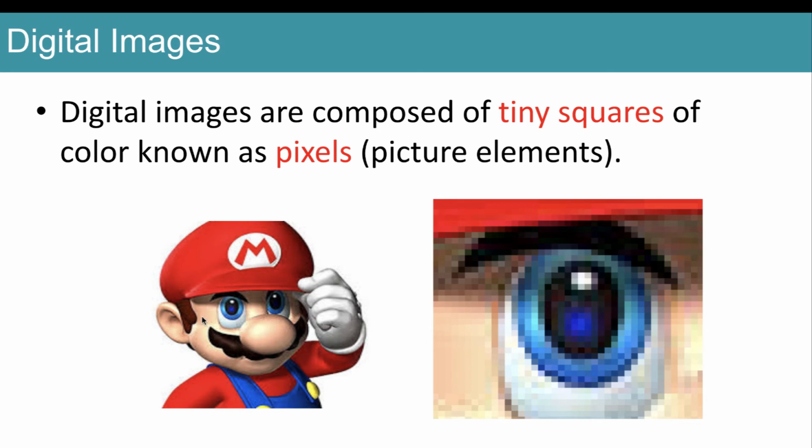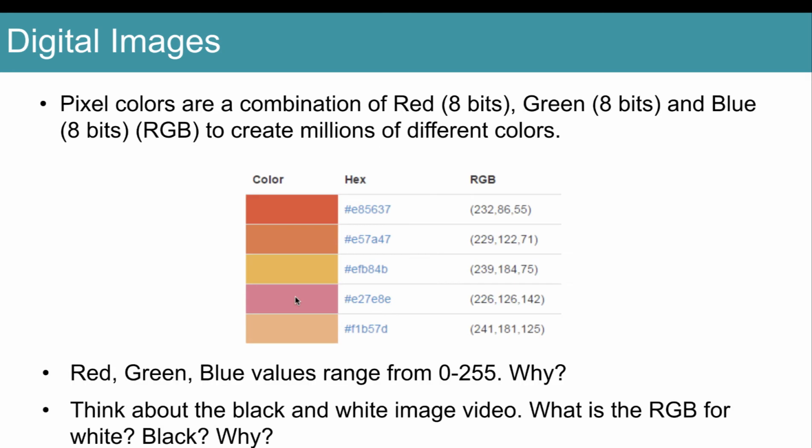And when you zoom out, it appears that the colors are shaded, but it's really just one color per square, like we saw in the black and white image. It's either going to be black or white, but for color images, it's just going to be different shades of color. And what are these different shades of color?